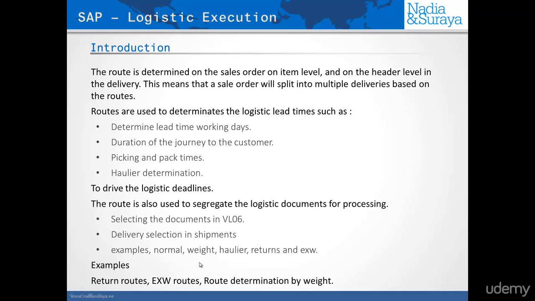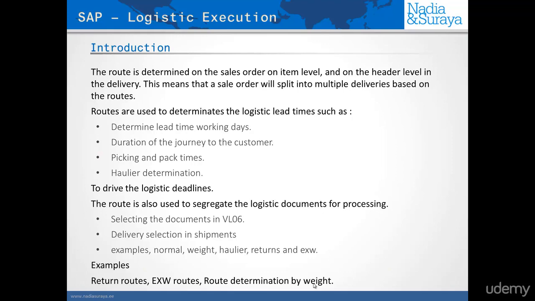Thus, when we create the delivery or when we assign the shipments, we know that we will always exclude that particular route from all the planning, because we know the customer is going to collect it themselves.